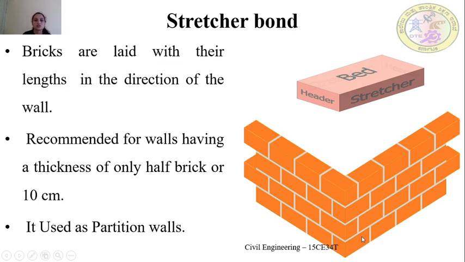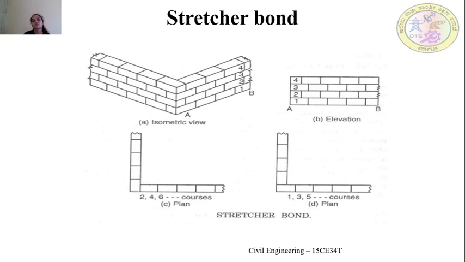It is recommended for walls having a thickness of only half brick, because the size of the brick is 10 centimeter, and this is 20 centimeter including mortar thickness. So this is only half brick thick, and that is why stretcher bond is usually used for partition walls or sleeper walls, which are non-load bearing walls.